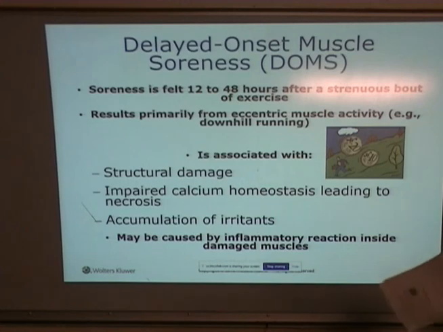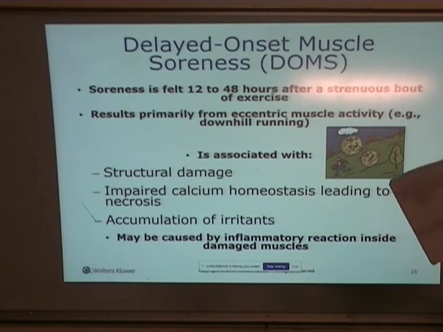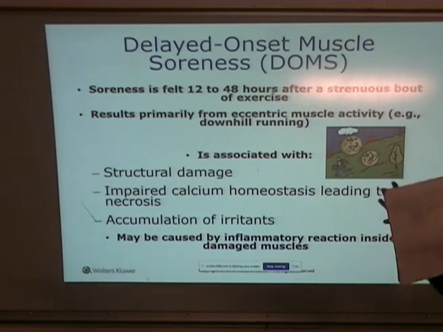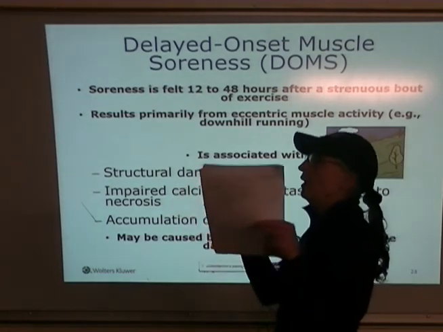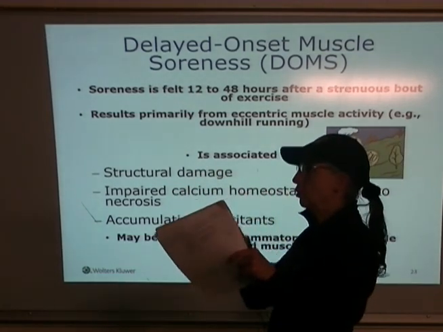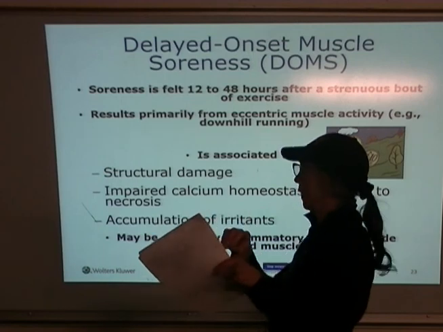And so the soreness is because there's structural damage. You can literally see tears in the membranes and the little connective tissues. And so irritants form, we're releasing chemicals into the environment, and so we get soreness and swelling that pushes on the nerve and causes pain.